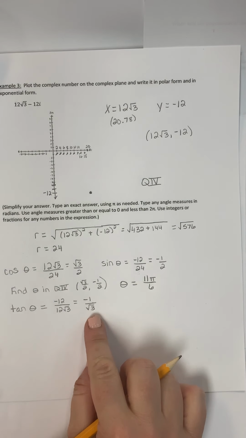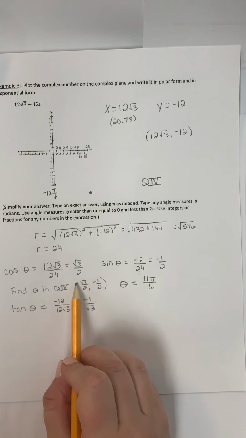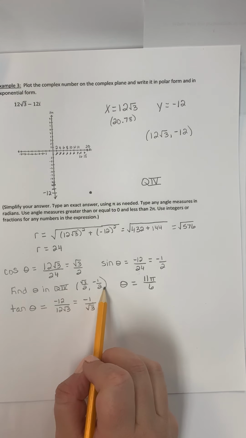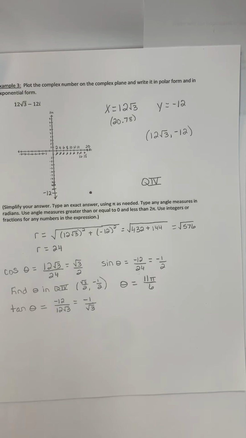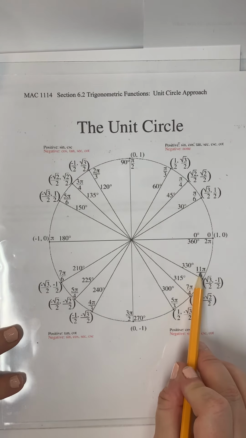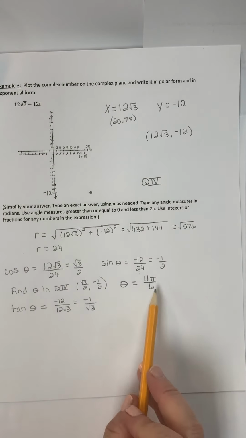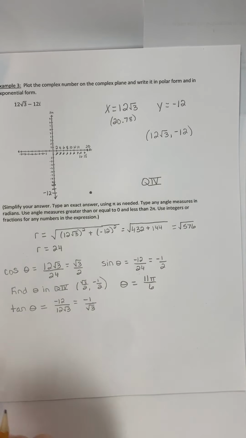So remember, tangent is y over x, so where in quad 4 would you have a y over x that would give you this? Well, just so happens to be at this point. If I have negative 1/2 over root of 3 over 2, the 2's cancel. Sure enough, that's 11 pi over 6, but this is a little harder to see. So would you be able to know that it's 11 pi over 6, given that your tangent is negative 1 over root of 3? Okay, so that's a little harder. That's why I think students like this way a little bit better, but either way, get your theta.